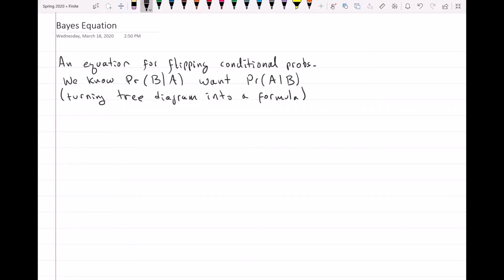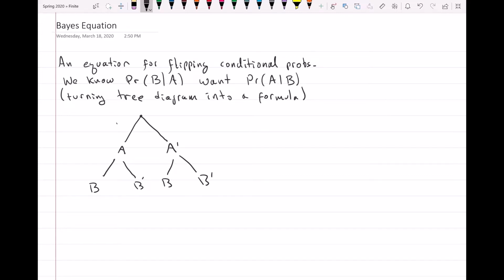So we know the probability of B given A, so our tree diagram would look like we first split into A and maybe A complement, and then from there it splits into B and B complement.